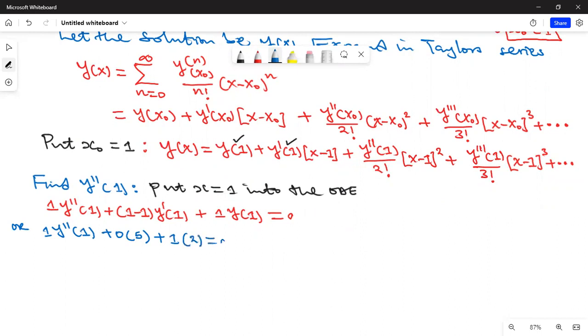That should give us 0. And you see, here we are multiplying by 0, so I don't expect a value here. So from here, y double prime of 1 should be equal to negative 2. We have found it.